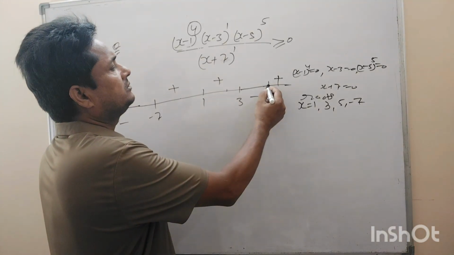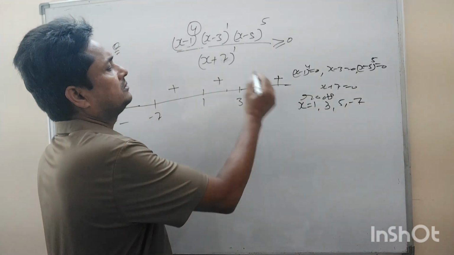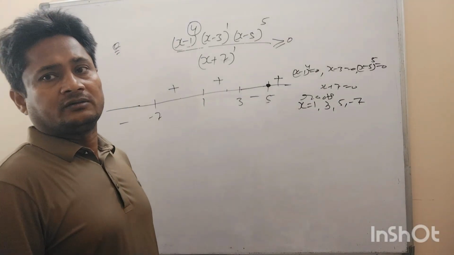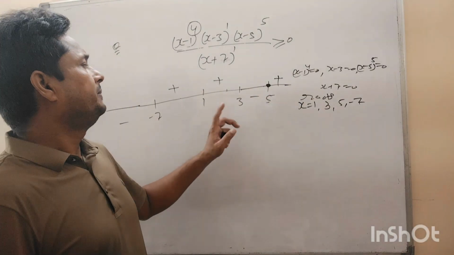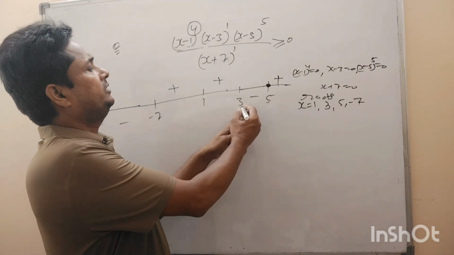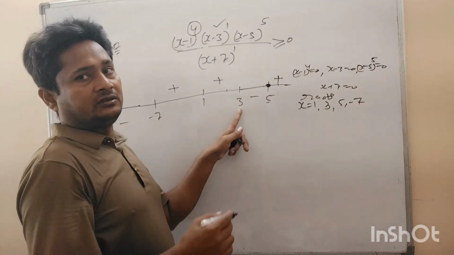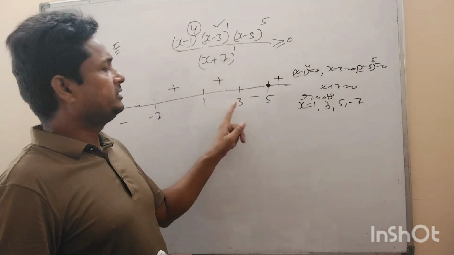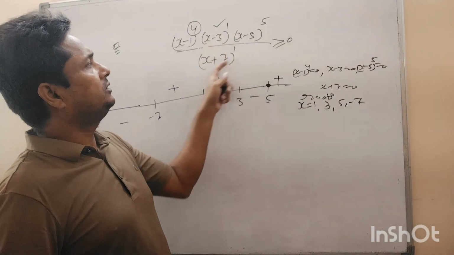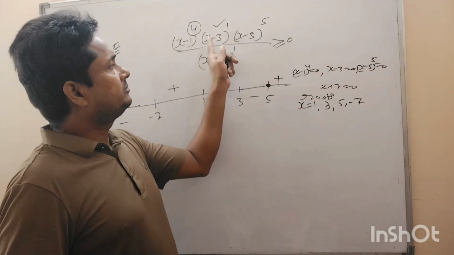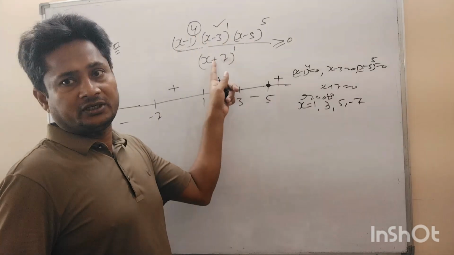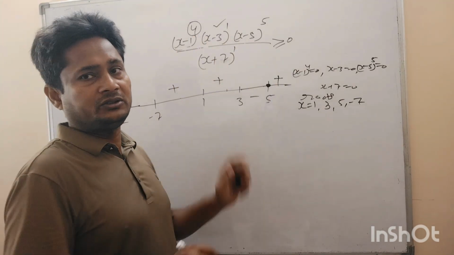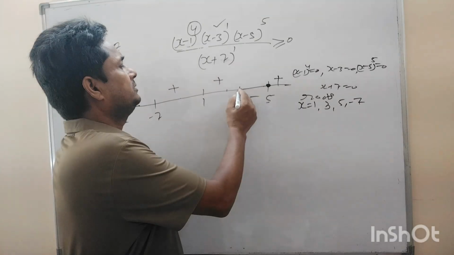So 5 is included. Now 3, check the 3. 3 came from this factor and it is in the numerator. If you put x equal to 3, the whole expression left hand side becomes 0. 0 greater than or equal to 0 is true. So this is also included.